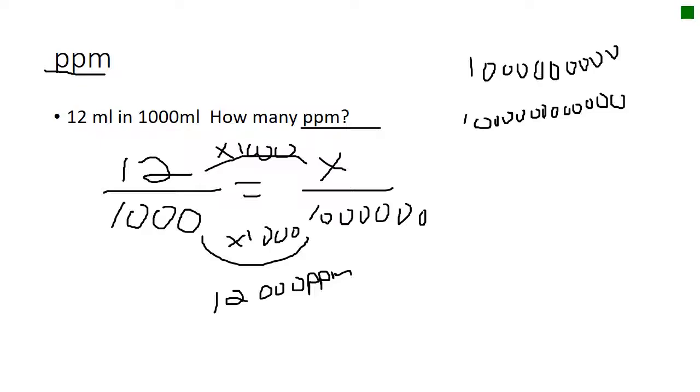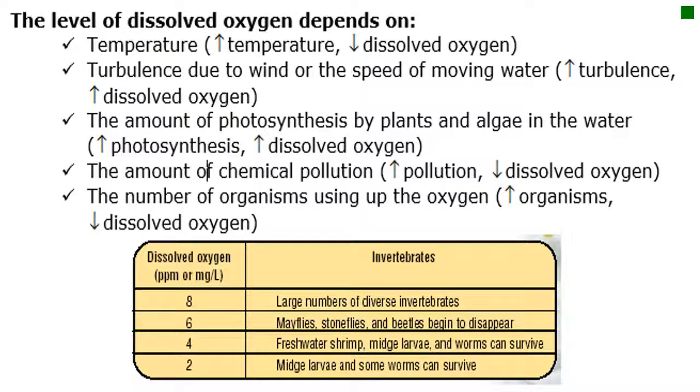So if you're doing parts per billion or parts per trillion, this number would be replaced by these ones respectively. Okay, levels of dissolved oxygen are going to depend on the temperature. The higher the temperature, the less dissolved oxygen. Turbulence due to the wind or the speed of moving water: if you have more turbulence, that's going to increase the amount of oxygen that's being dissolved. The amount of photosynthesis by plants and algae in the water: one of the products of photosynthesis is oxygen, so you're going to get more oxygen with more photosynthesis.